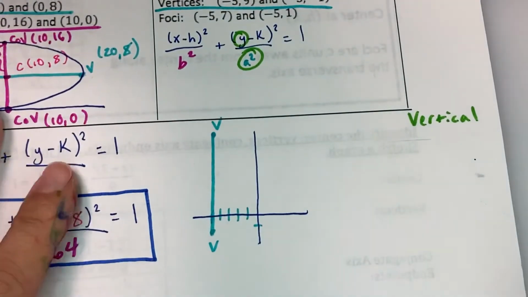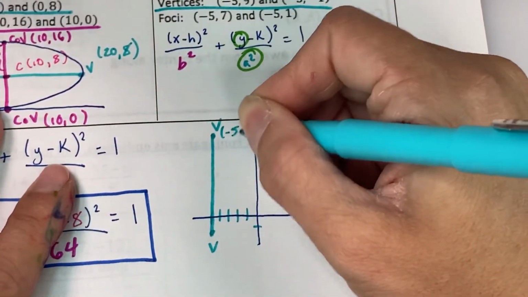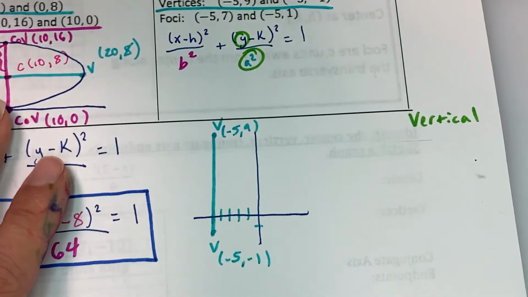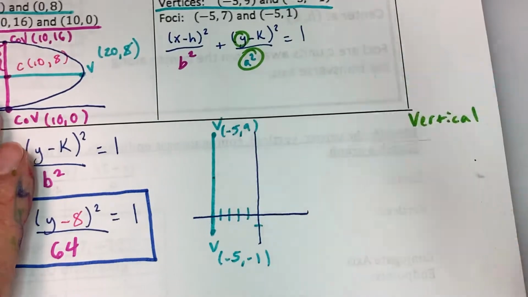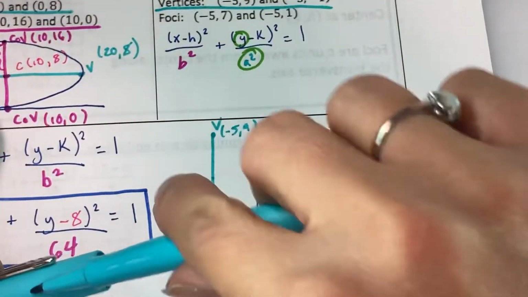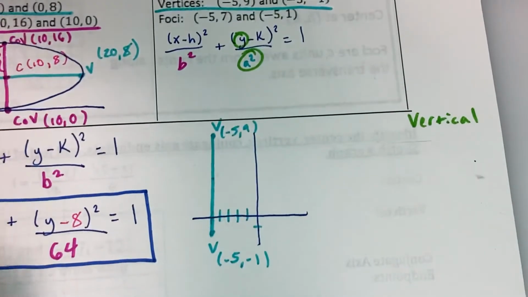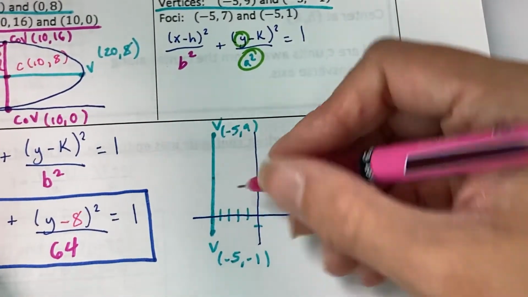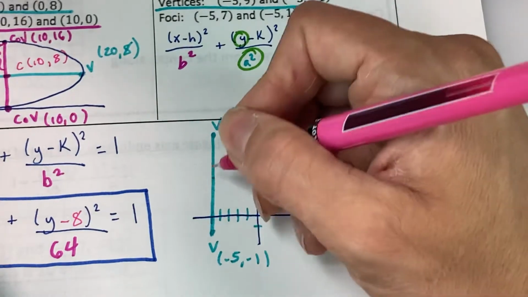All right, so looking at my vertices, we've got (-5, 9) and we've got (-5, -1). So my center is going to be the midpoint of my major axis between those vertices. So if I do -5 plus -5, that's -10, divided by 2 is -5.